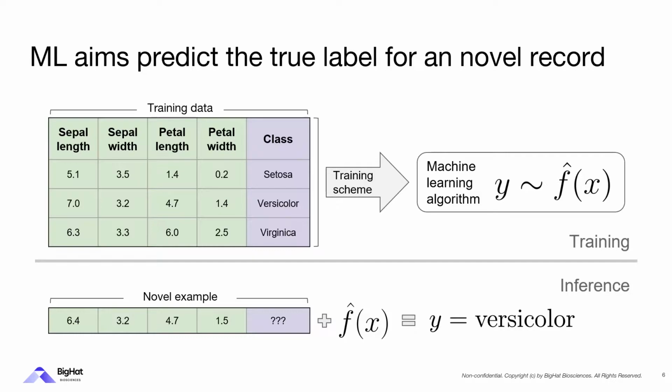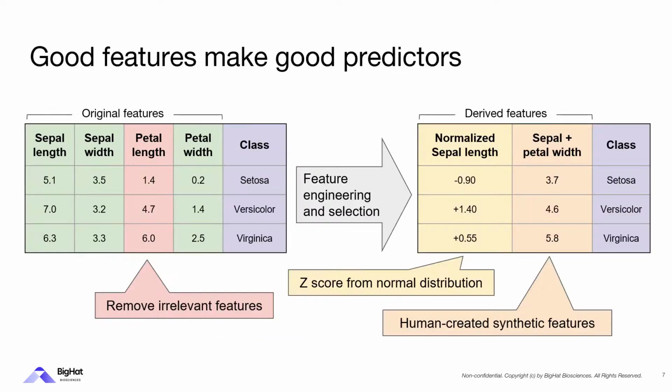So you would send this matrix of n records by p features and an output label into the algorithm, and it would adjust its internal parameters to maximize the predictive accuracy. And the fundamental difference among all machine learning algorithms is just what is the form of that function F-hat, and how exactly do you train it. A key concept to understand in machine learning is that good predictors come from good features.